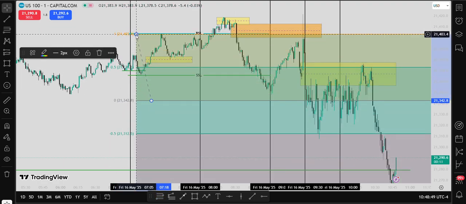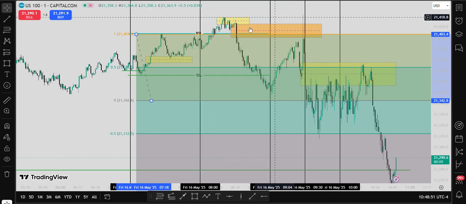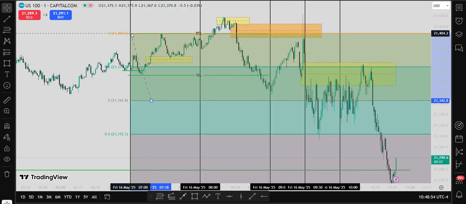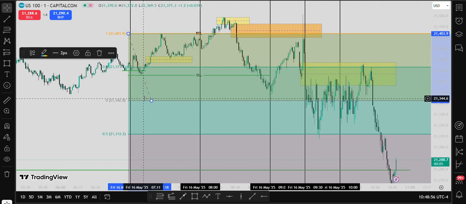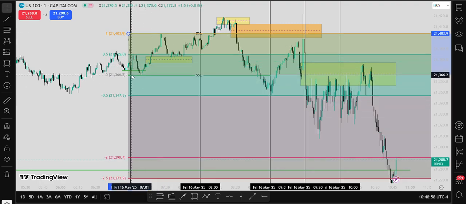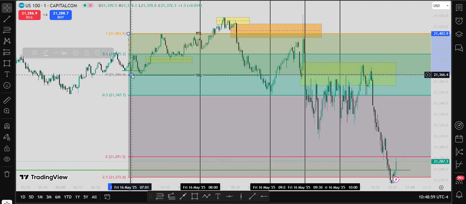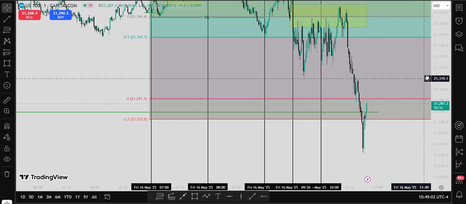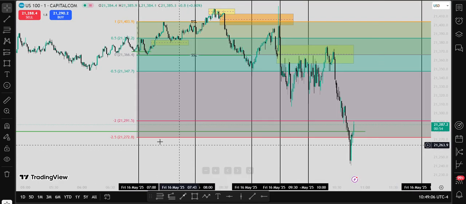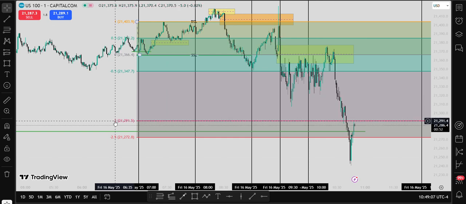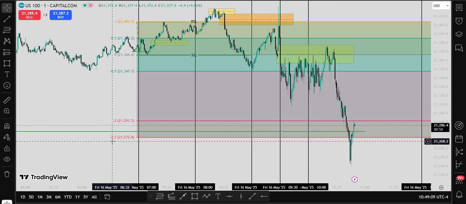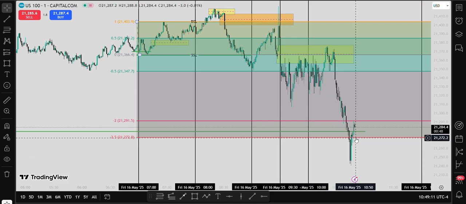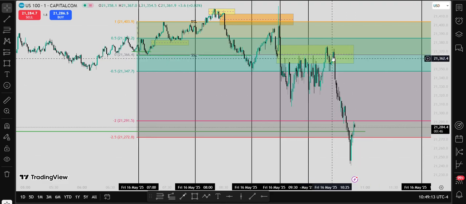Let me show you right there. If I take the high that was created after 7 and the low, we can see that the market came to a region where we always anticipate, that is between -2 standard deviation and -2.5 standard deviation.